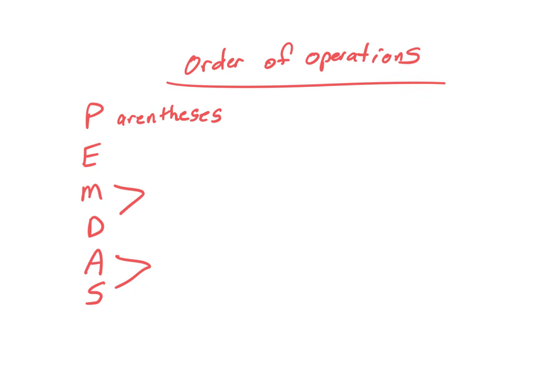So it could be parentheses, it could be brackets, it might even be absolute value. If I have something inside of an absolute value, I got to do that first because we're grouping everything inside of that together. So I probably would prefer to say any type of grouping symbol.